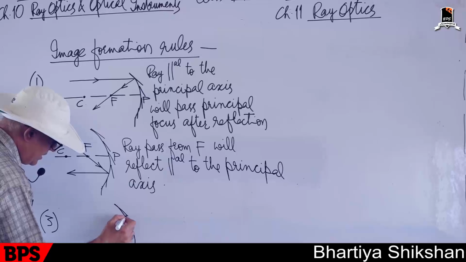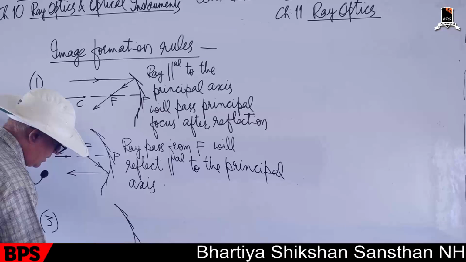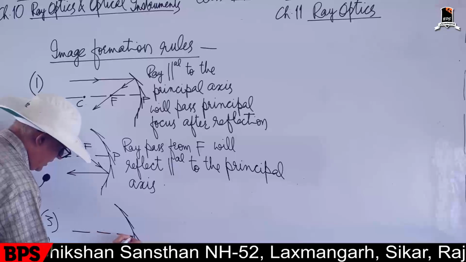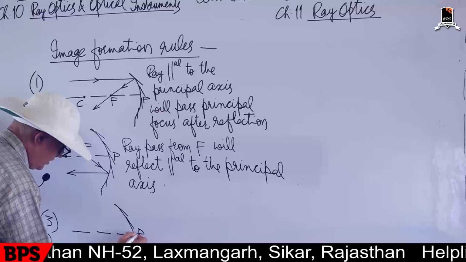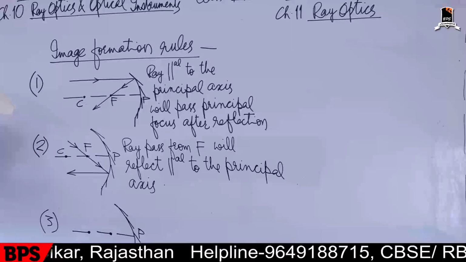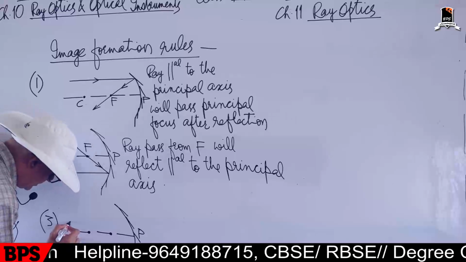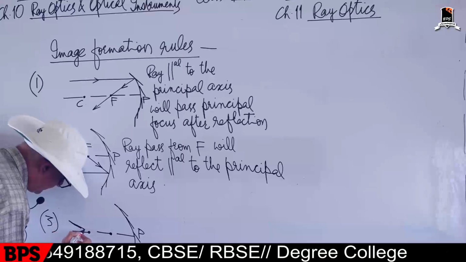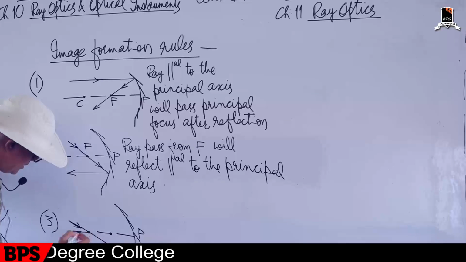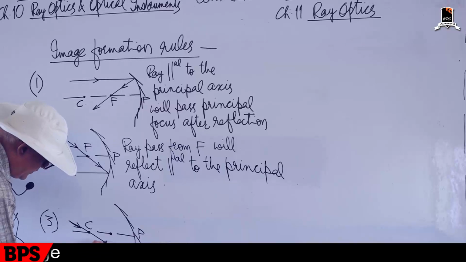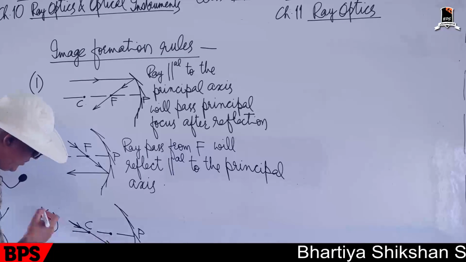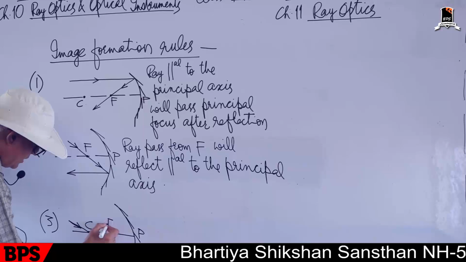Say this is our concave mirror, and this is the pole, this is focus, this is center of curvature, and if some ray is incident like this, passing through the center of curvature point, then it will just return back and will pass again through the center of curvature.